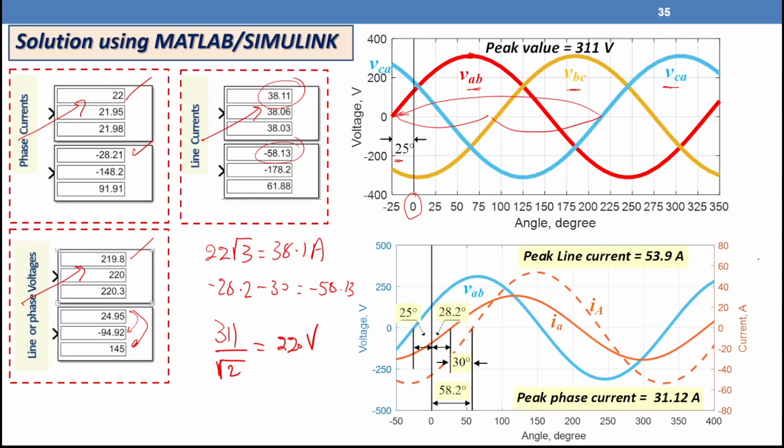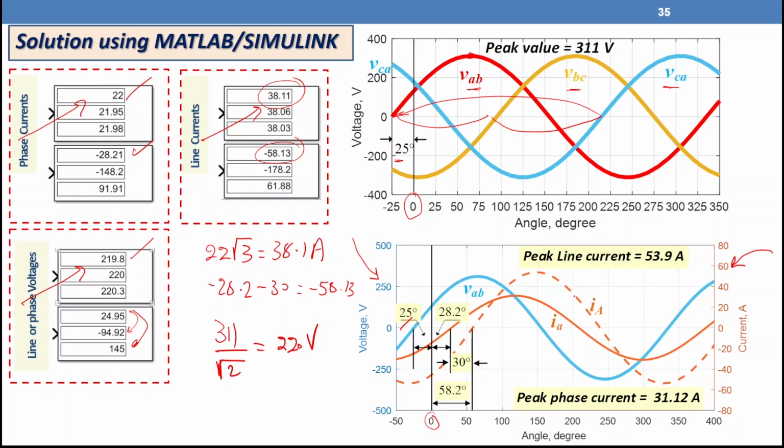Let's look at the current waveforms. On the right side here we are going to measure the current, and on the left side we are going to measure the voltage. The voltage with respect to the reference point is positive 25 degrees, this one. But the current is lagging this reference point by 28.13 or 28.2, which is the solid red color.